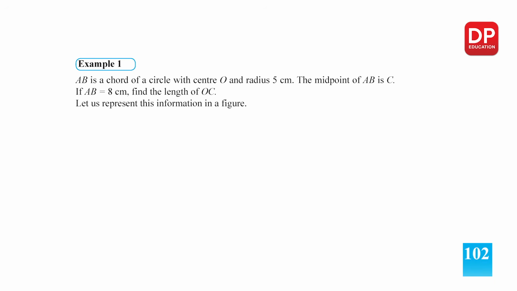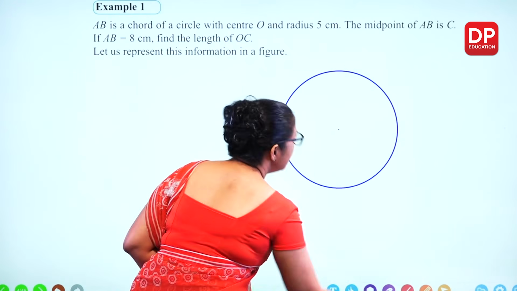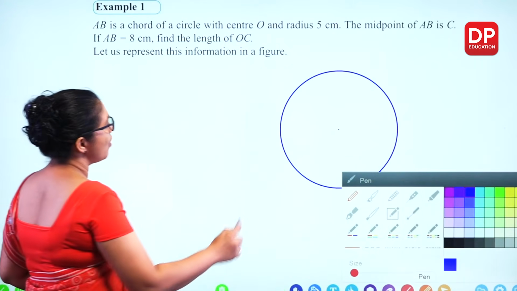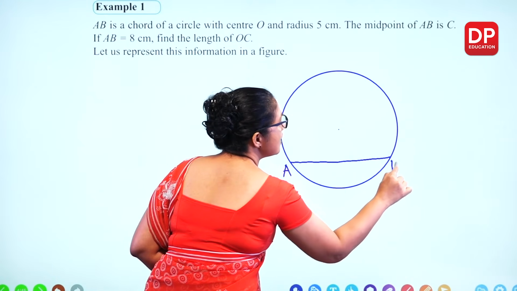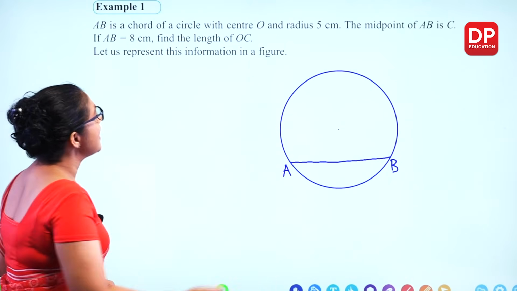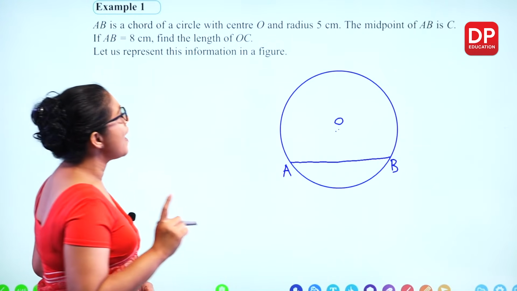In your textbook, example number 1, it says AB is a chord of a circle with center O. So we'll try to draw that. AB is a chord, so I can draw any line with AB. Center O, so mark O. Radius is 5 centimeters.